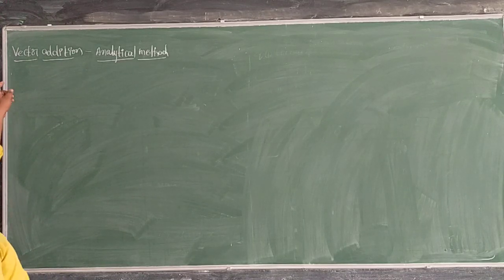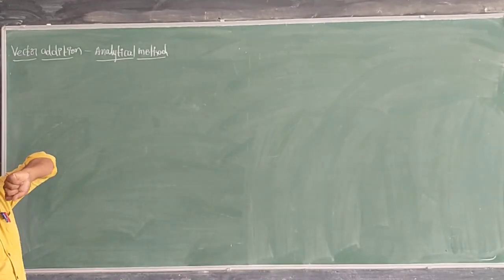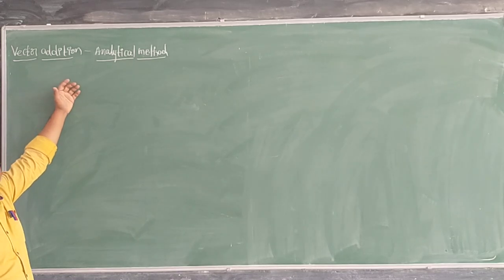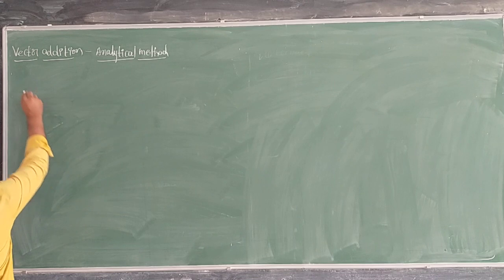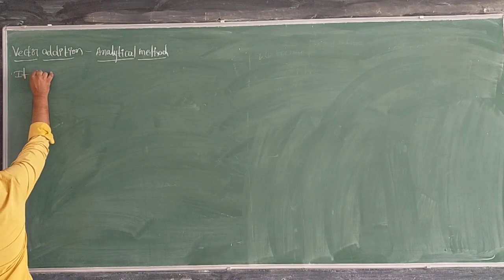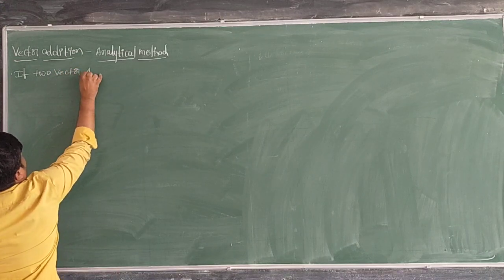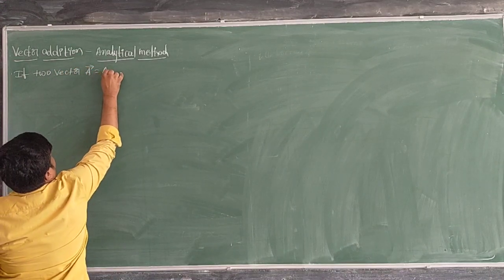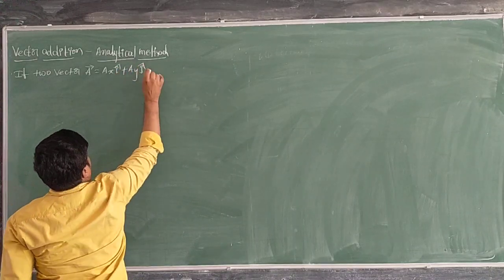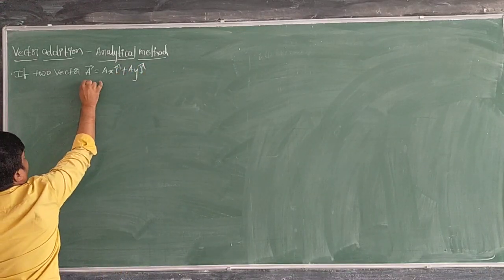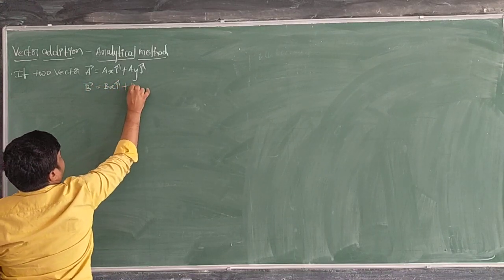Alright. Next topic, vector addition, analytical method. Previously we added two vectors by using the graphical method. Analytical method means if you take two vectors, A bar is equal to Ax i cap plus Ay j cap, and B bar is equal to Bx i cap plus By j cap.